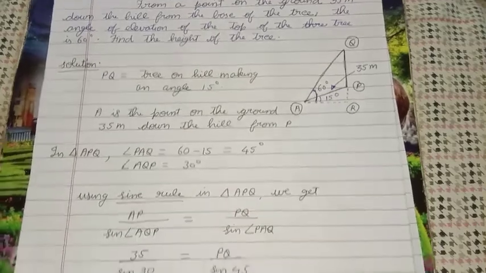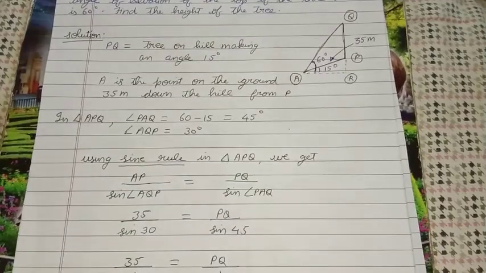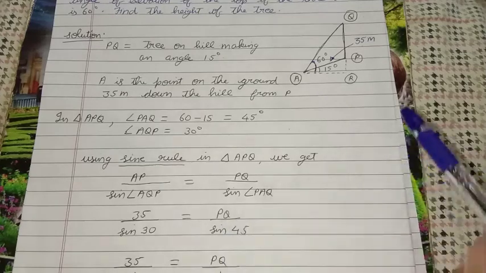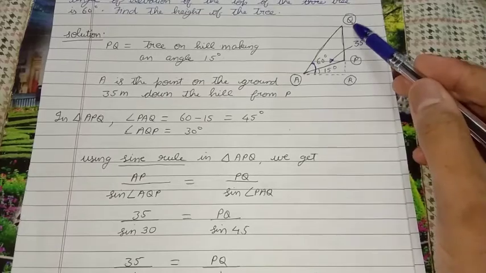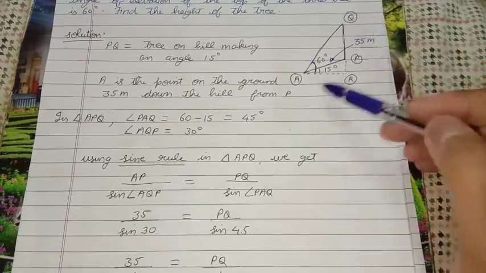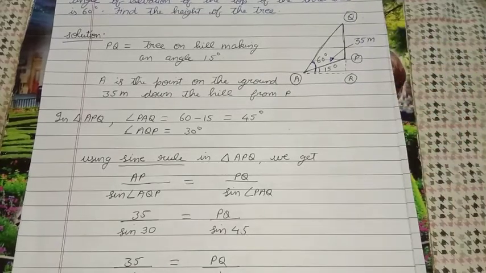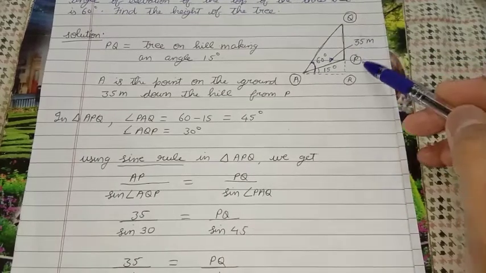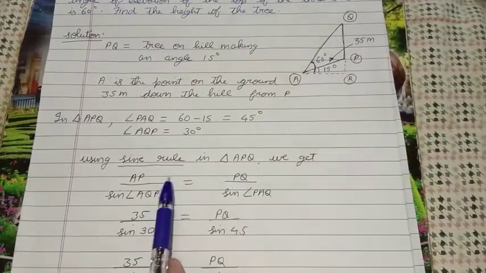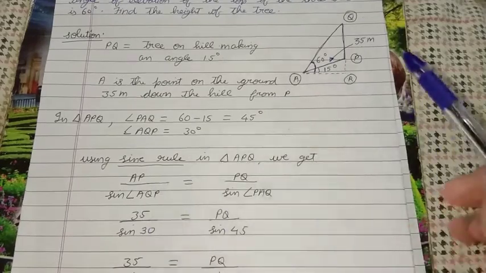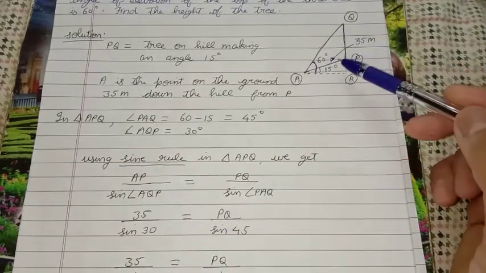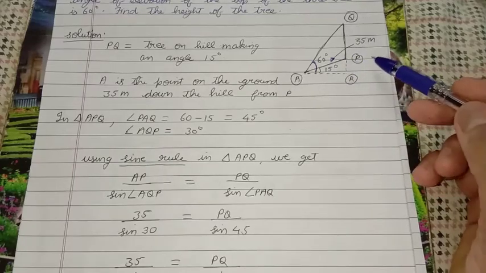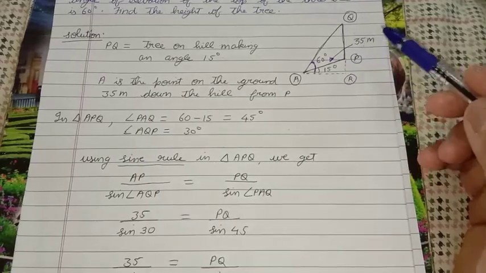Clear? Okay. Now friends, applying the sine rule, but in which triangle? In triangle APQ. Can you see the triangle APQ? And remember friends, this particular rule is applicable in any triangle. So in triangle APQ I am applying the sine rule. You will say that sir, this triangle APQ is not a right angle. Absolutely no problem, you can apply the sine rule in this triangle also.